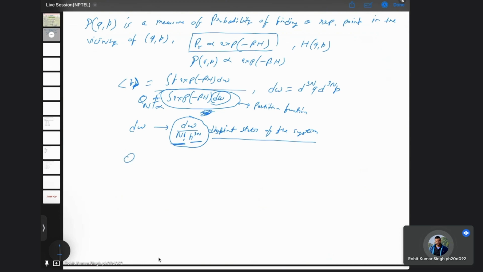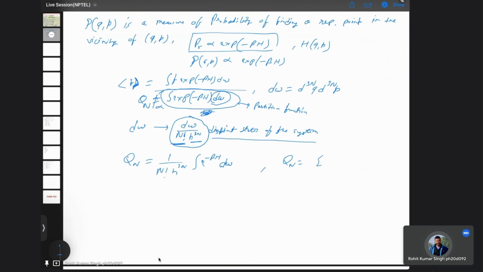So finally our partition function in this case is this quantity, an integral over the phase space volume. Now just notice how it is different from when we have discrete states.